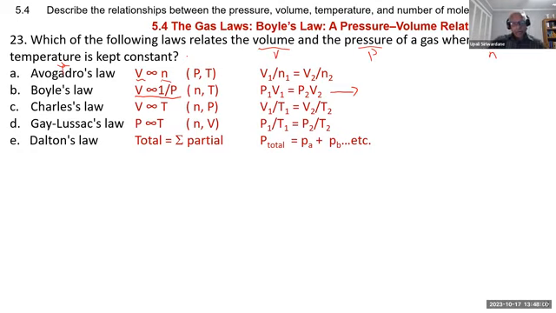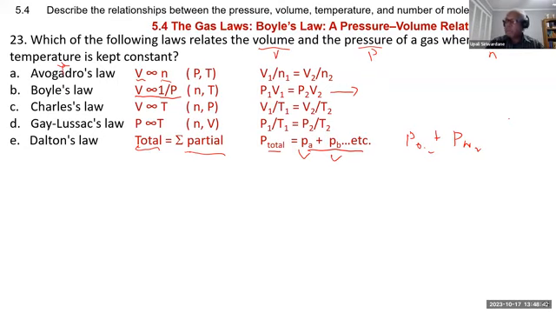Gay-Lussac law. We talked briefly about gas mixtures: the total pressure of the mixture is equal to the sum of the partial pressures. For example, atmospheric pressure is mainly the partial pressures of oxygen and nitrogen. The partial pressure of oxygen in the atmosphere is proportional to its percentage: 20% oxygen, 80% nitrogen.